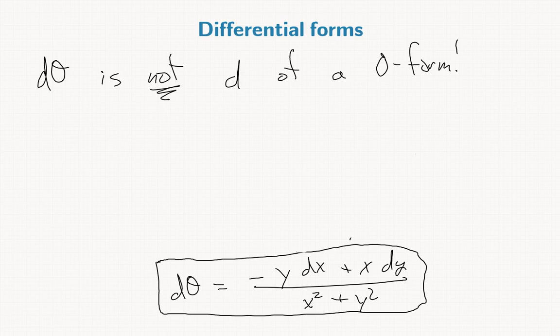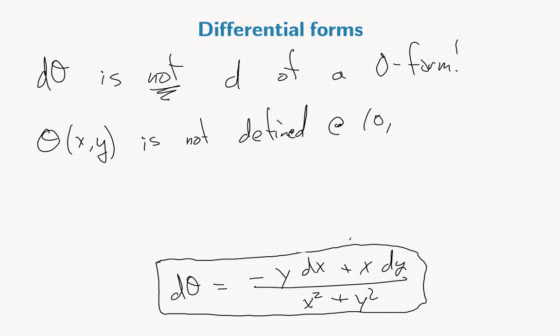This is basically because the function theta is not well defined. First of all, it's not defined at 0, 0. You can't meaningfully assign an angle to that.